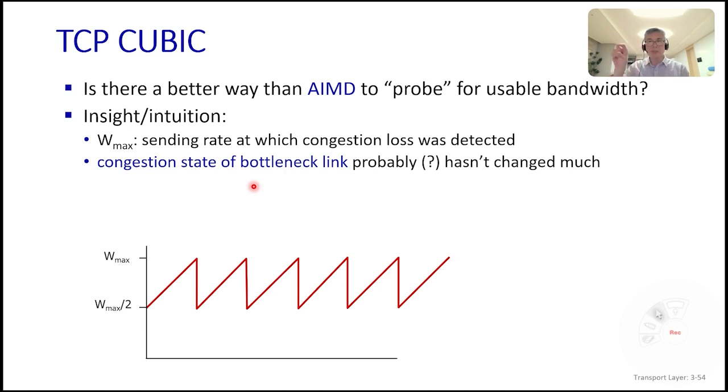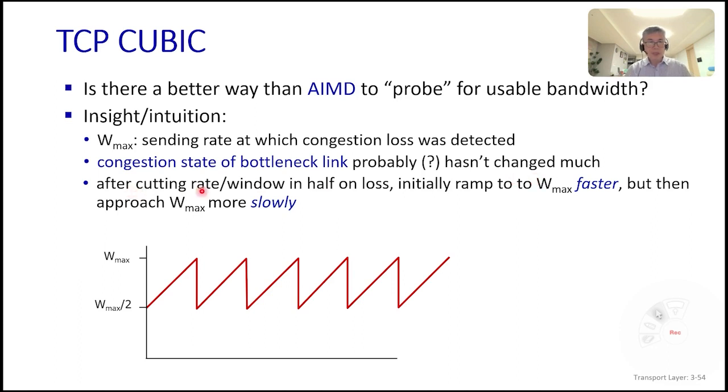This is the bottleneck, and then it is wide again, narrow, wide. So in a TCP end-to-end connection, in the middle we have a bottleneck link, a low bandwidth link. So congestion hasn't changed much during the interaction.